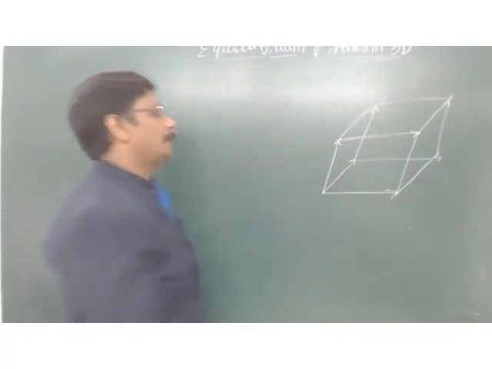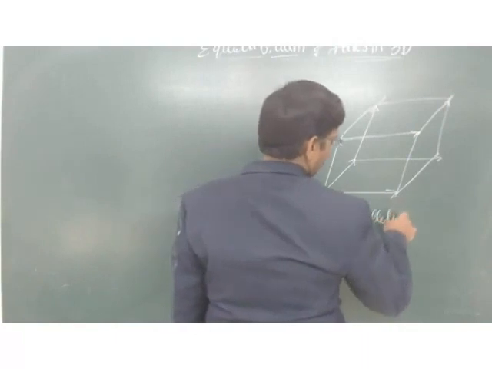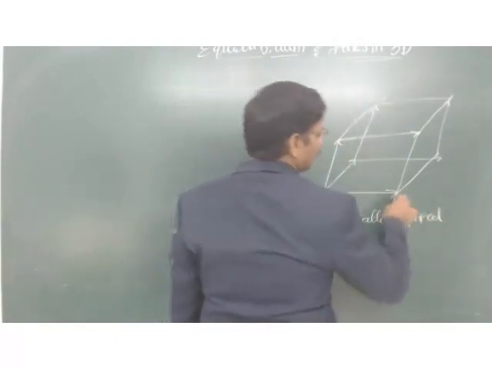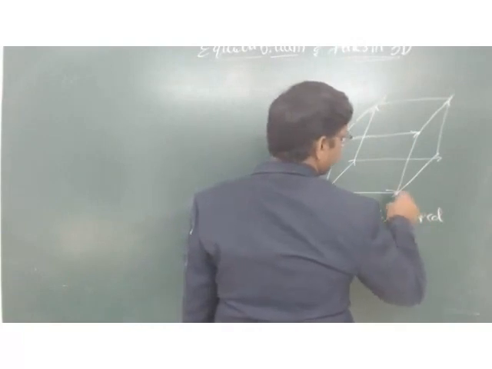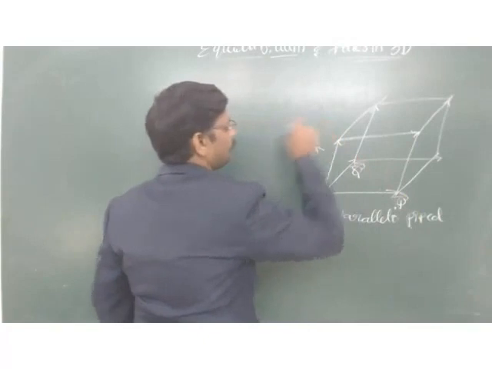So this is a parallelepiped. I call this vector P, and this is Q, and this is R.